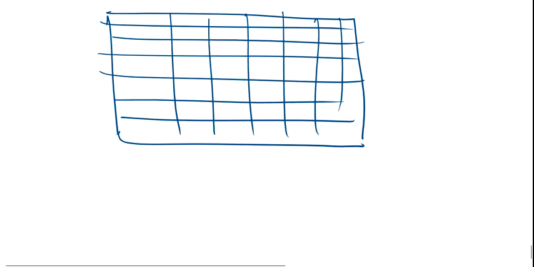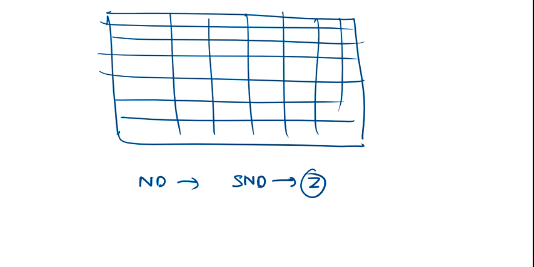Simply what I will do, I will transform my normal distribution into the standard normal distribution, and from the standard normal distribution I will calculate the z. I will go to the table, I will find out the probability, task is over. Hopefully now you are understanding.